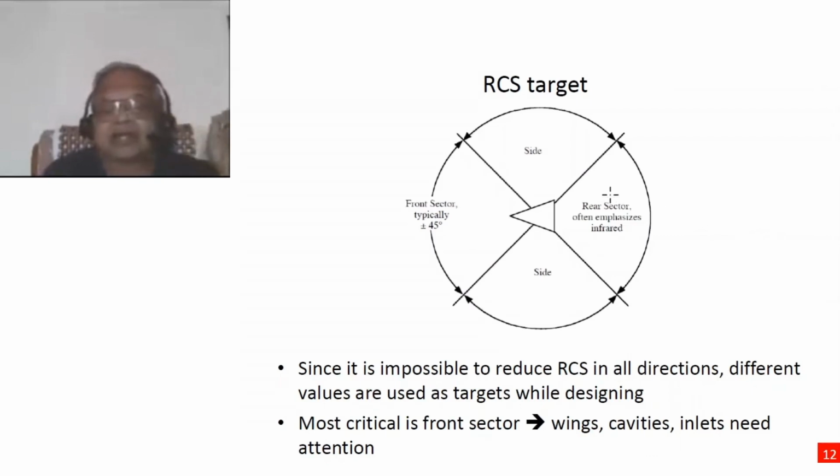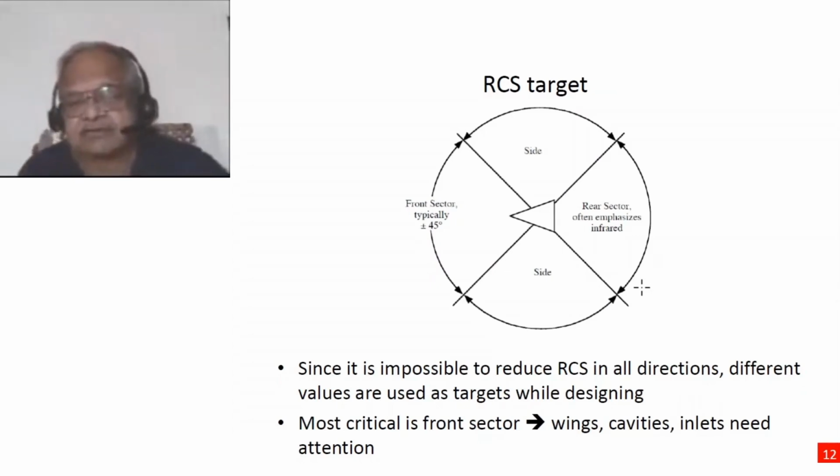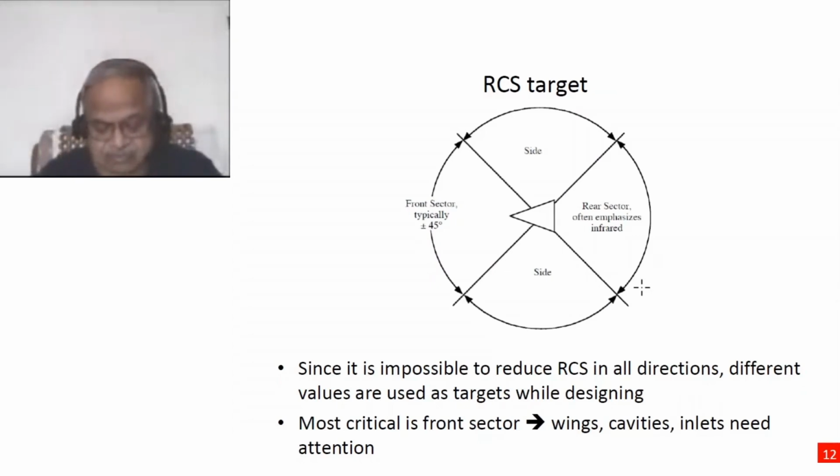The other part is if you're being chased by a missile, or by an AWACS above but behind you, then the rear sector, plus or minus 45 degrees, is important. Often, the more important thing here is infrared, meaning the exhaust. And to the extent possible, you try to minimize the side ones too.